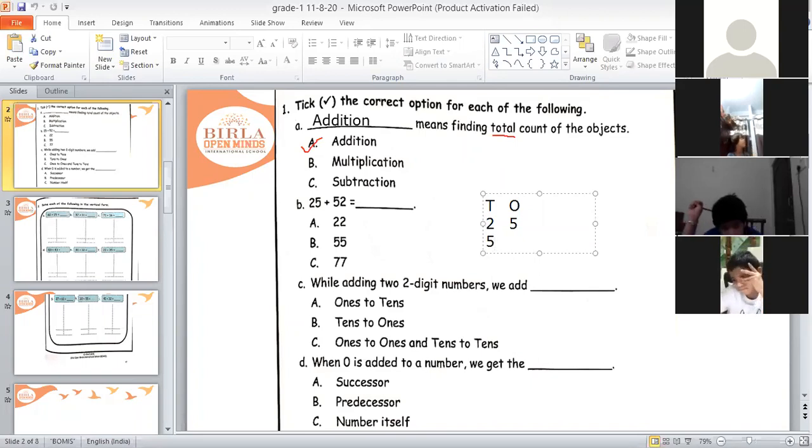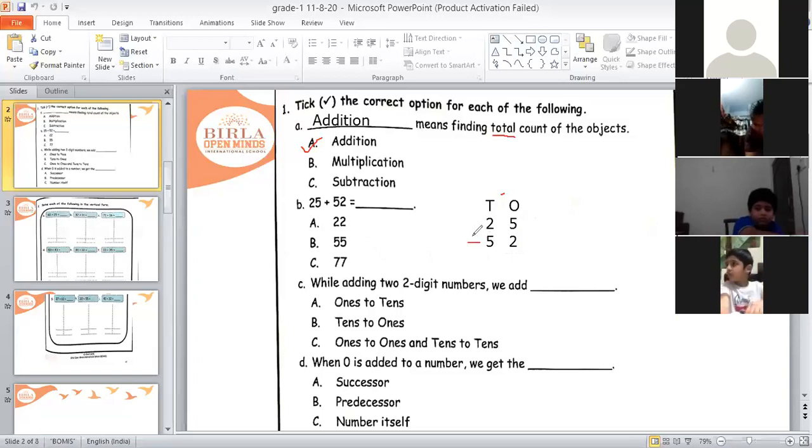So this 5 will come in tens place and this 2 will come in ones place. Okay. What we are doing here children, we are adding these 25 and 52 because the question is 25 plus 52 equal to how much. So we have to add these two numbers together to find out 25 plus 52 equal to how much.